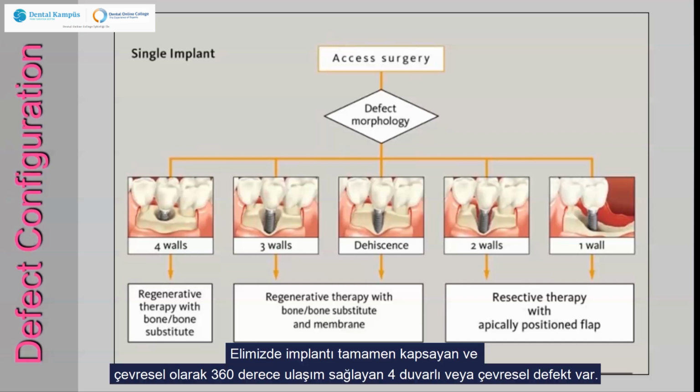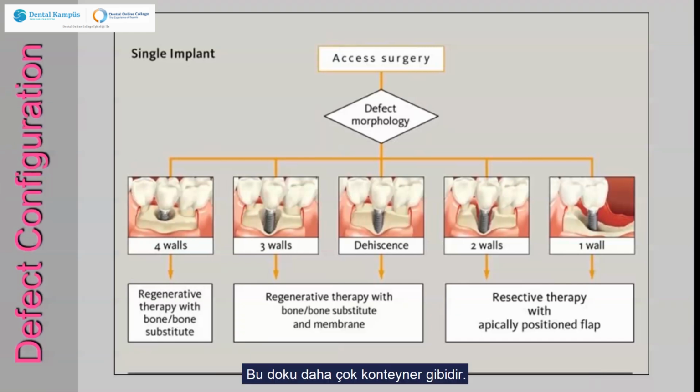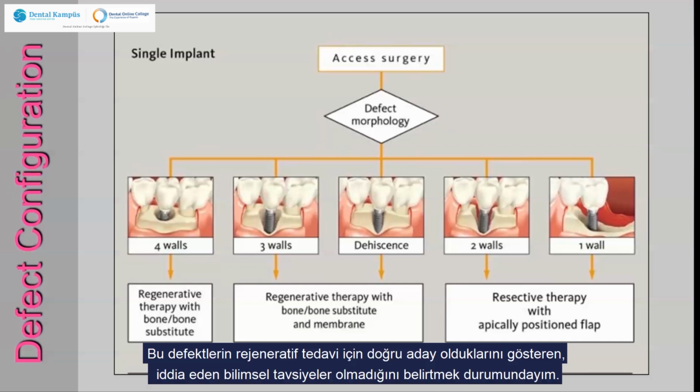So we have the four-wall defect or circumferential defect that completely encompasses the implant, so you get 360 degrees all around. This is more like a container, and we feel, although I would like to stress that, there are no really good scientific advice or claims that those are good candidates for regenerative therapy.